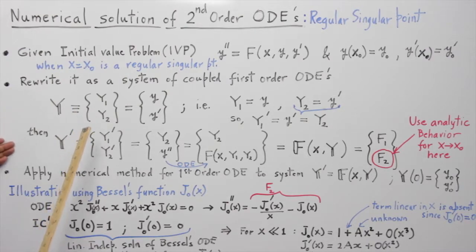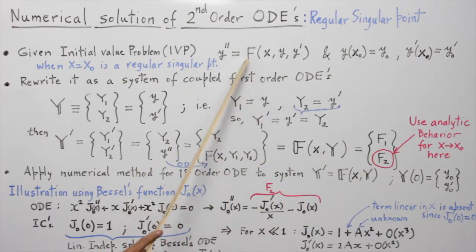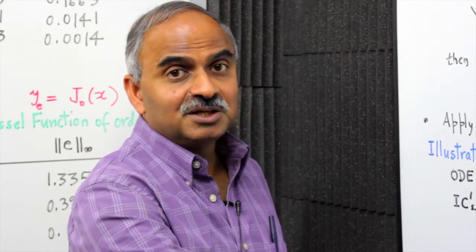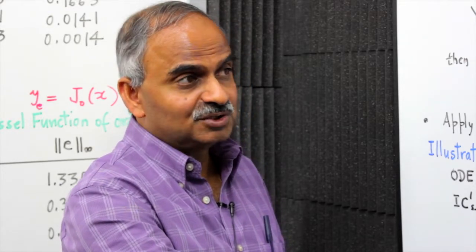And so we recast the problem, the second order equation, as a system of two first order equations, y prime equals this right hand side capital F, involving the functions f1 and f2, where f1 is simply equal to y2, and f2 equals this right hand side function associated with the differential equation that we were given. So that is what we do, and this is probably what you programmed, but the numerical solution didn't work out.